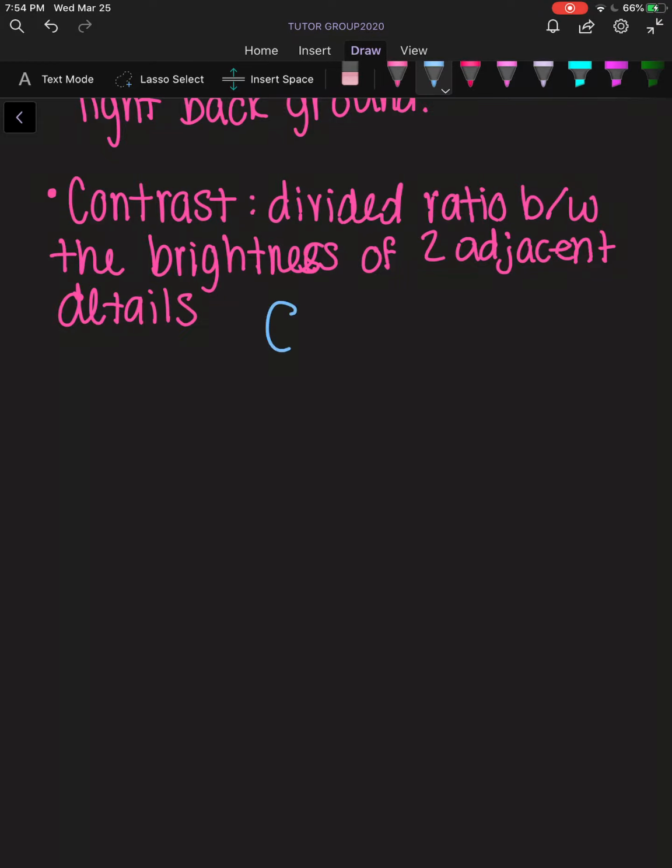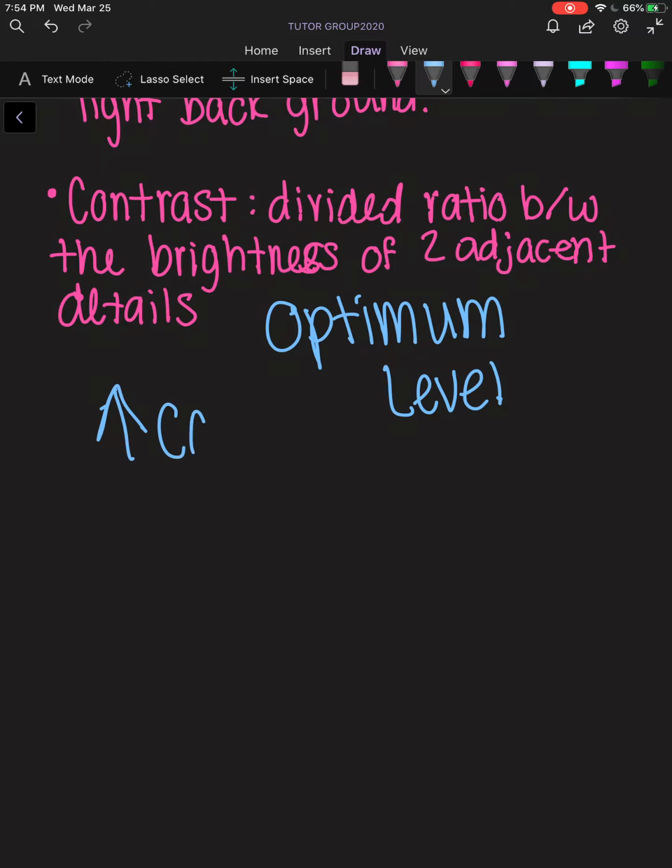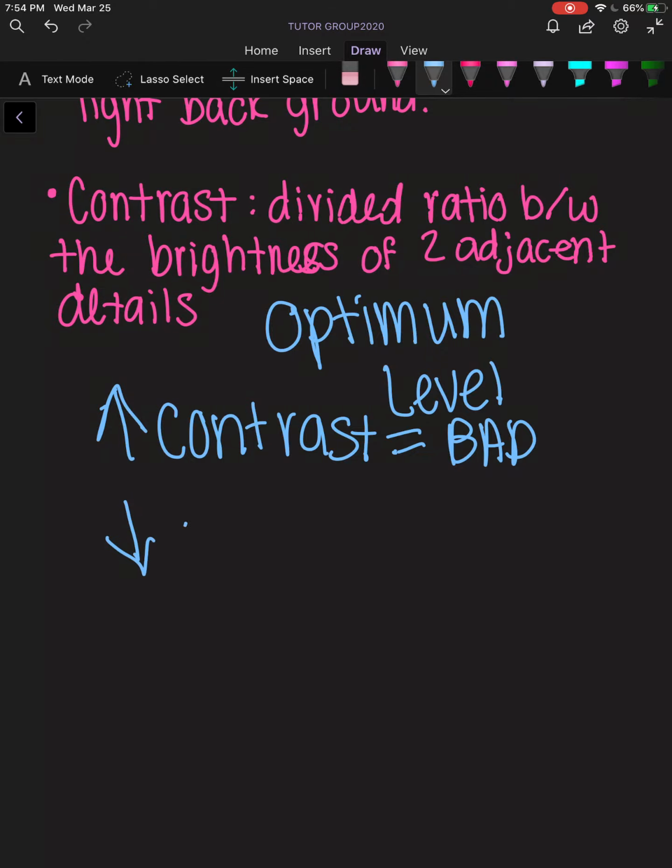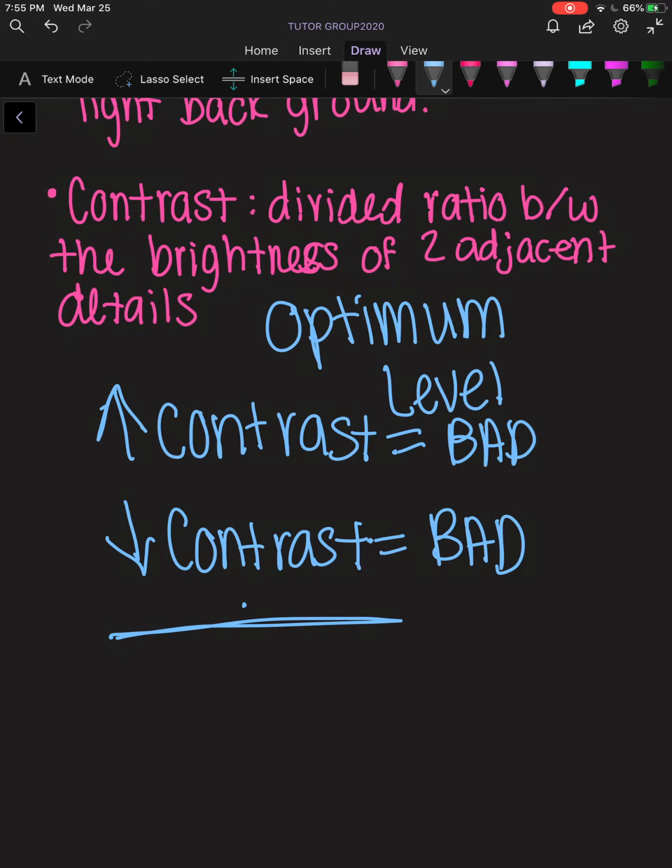Now remember, we want our contrast kept at an optimum level, because if we have too much contrast, then that is bad. It will result in loss of detail. If we have not enough contrast, that also will result in a loss of detail. So we want that optimum middle line. We want it to be even.